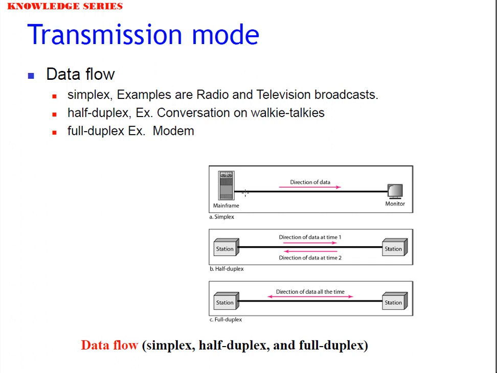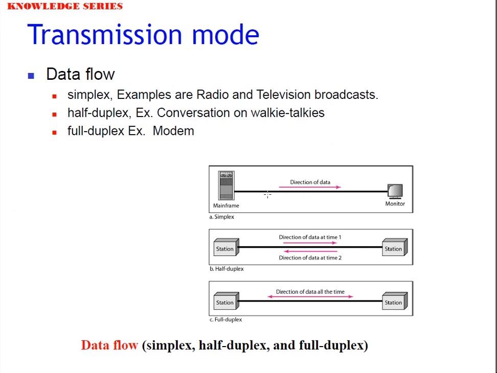So the communication is in the form of one-way communication. If this system can send a signal from this end to this end, but this one cannot send a signal back, then this form of communication is termed simplex. In another word, in simplex the transmission is unidirectional.